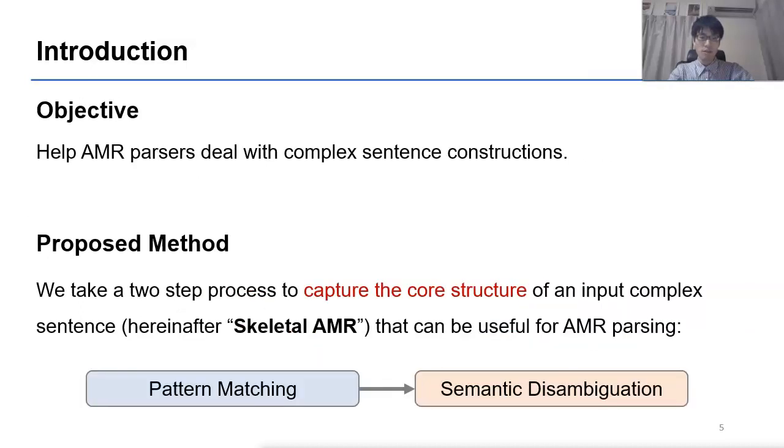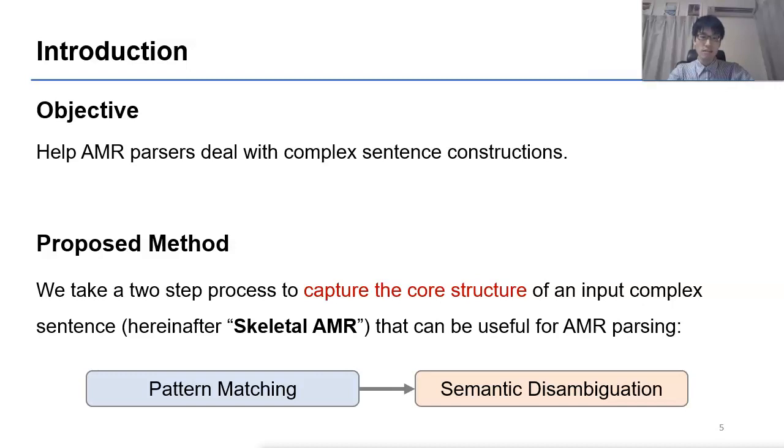In our paper, we address this problem of dealing with the subordinating structure of complex sentences, which has not been much of a concern in the AMR framework. The main objective here is to help parsers deal with complex sentences by providing them in advance with which type of construction is in the input sentence.